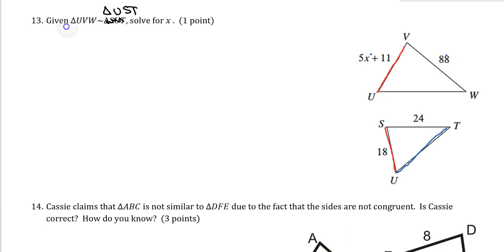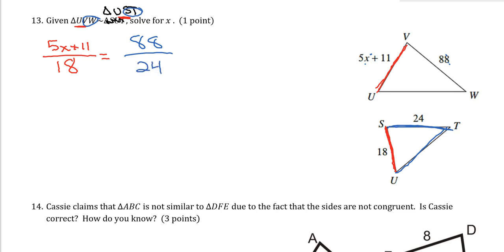Okay, so looking at this, again, I'm going to start with my variable, 5x plus 11, over. Now, looking at UV, I then need to look at US in my other triangle, which is here. That's over 18. Okay. So again, since 5x plus 11 is from this triangle, it is on top, 88 from the same triangle needs to be on top. Okay, and that's BW. And that should then match with ST. So that should match with 24.